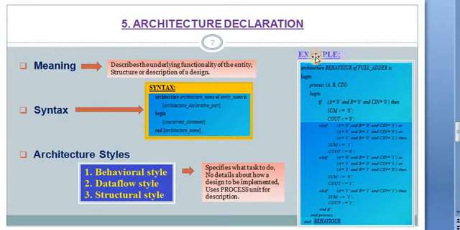As you see, the architecture behavior style for full adder is declared, under which process is declared for the variables which are declared in the entity part, such as A, B, and C in for input.